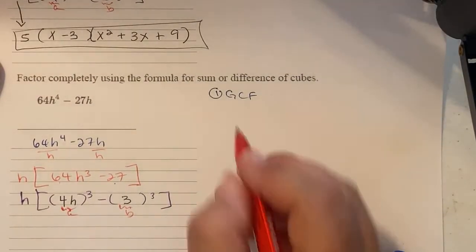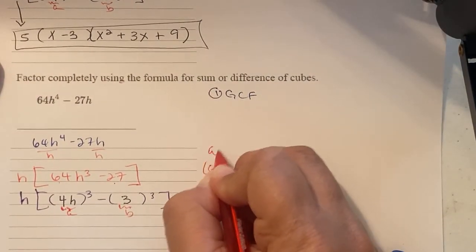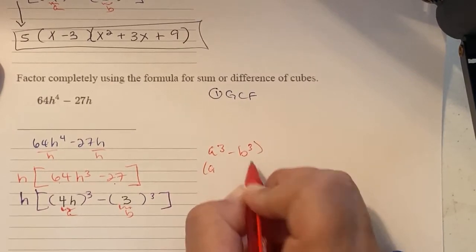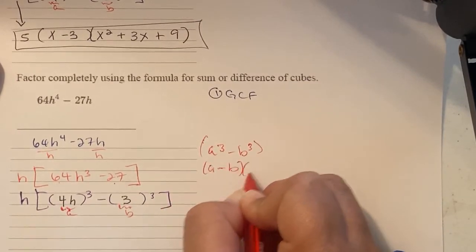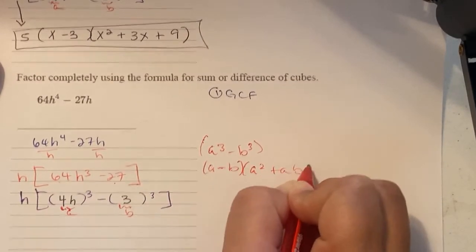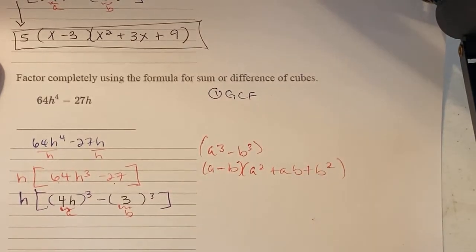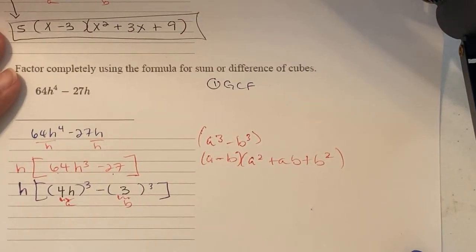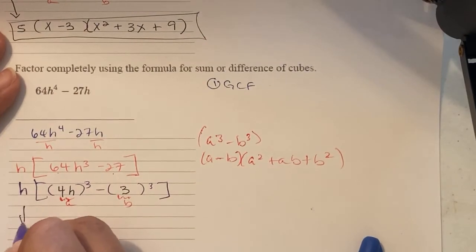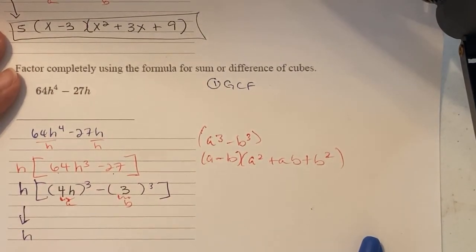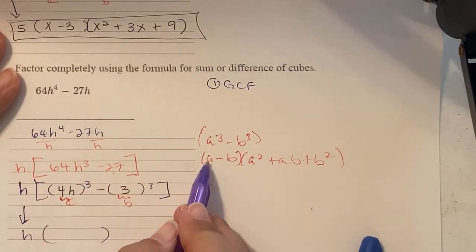So the same pattern that we did on the last one, a cubed minus b cubed is a minus b, a squared plus ab plus b squared. So again, the h slides down because that was our GCF. It is a minus b.